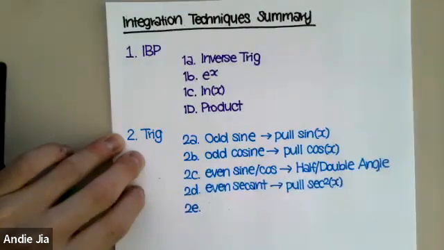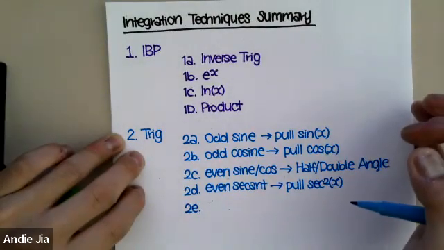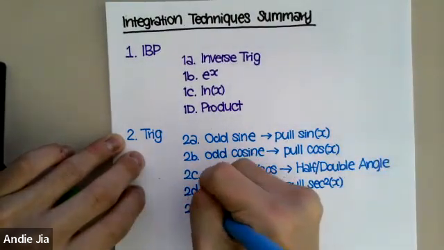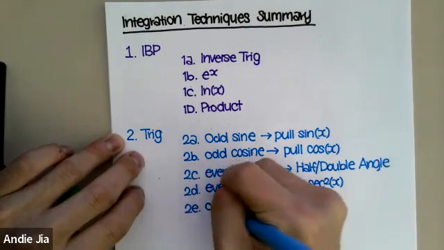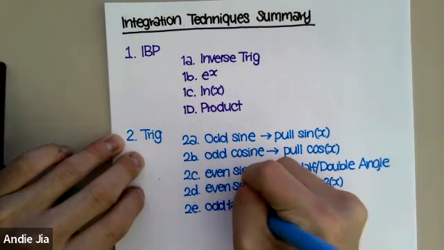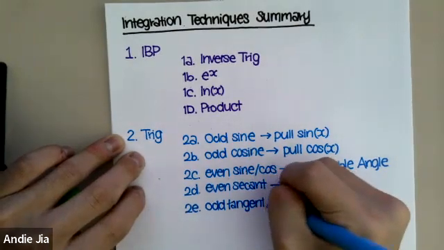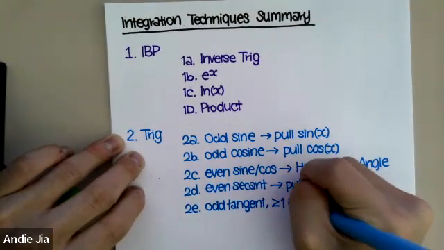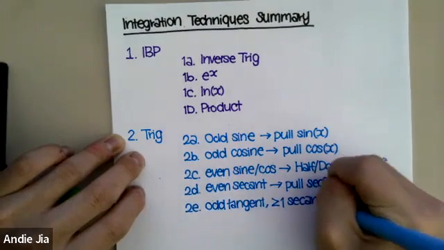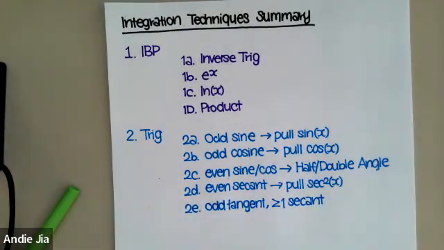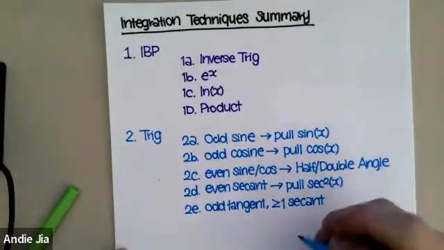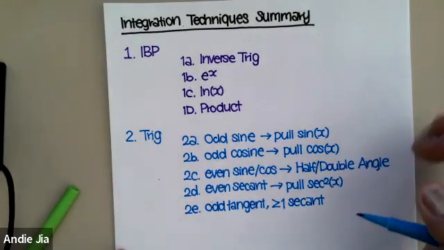Odd on tangent with at least one secant: you need to pull out a tangent secant.